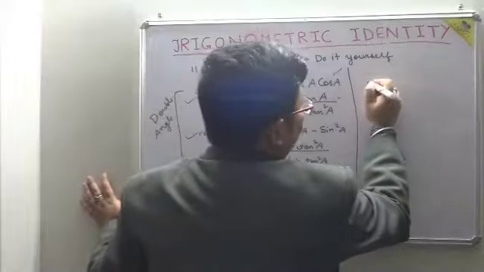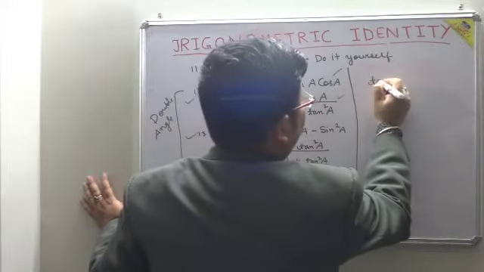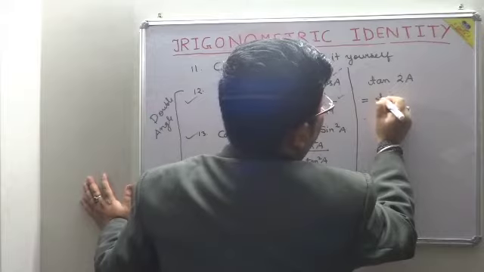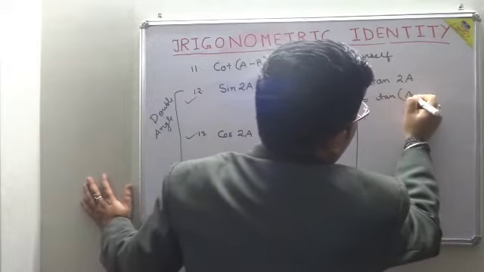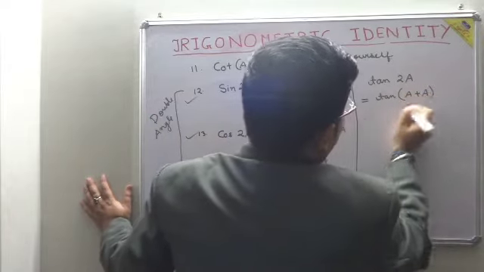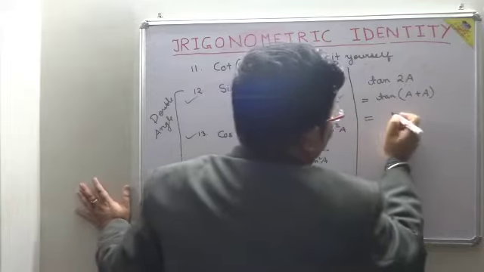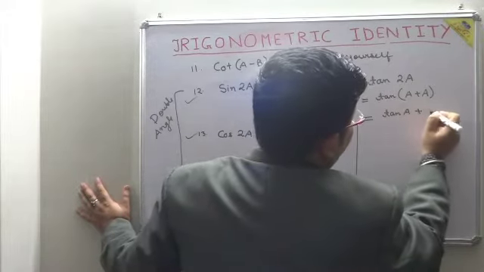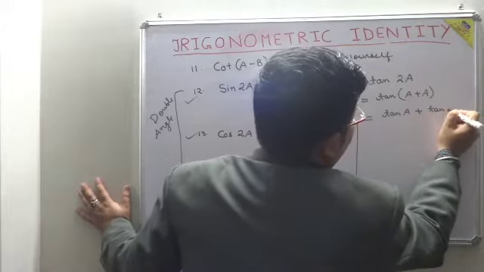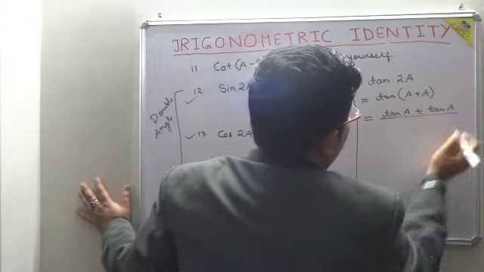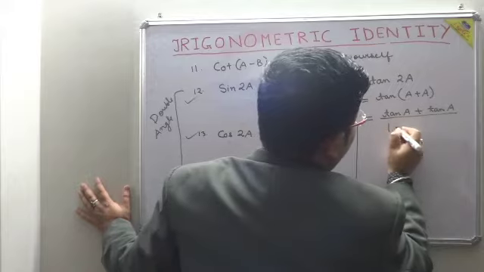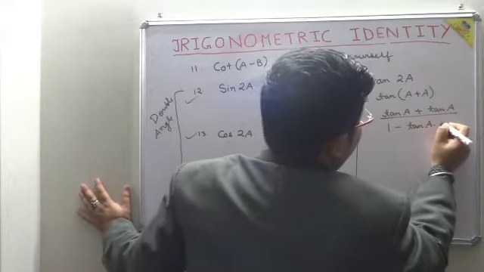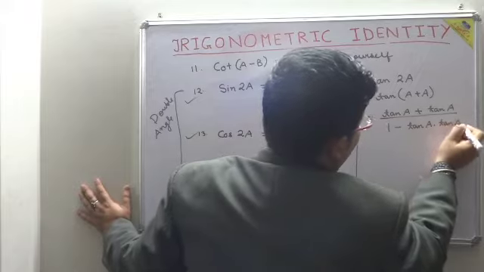Now I will come to this one, number 14, tan twice A. How to write it? Similar way, tan A plus A. Tan A plus B formula. What was the tan A plus B formula? Tan A plus tan B, here B is only A, divided by 1 minus tan A into tan B. Here tan B is the A only.